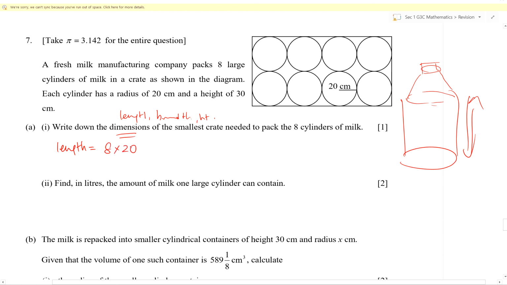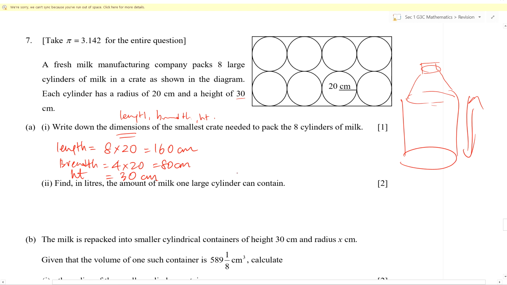We got 8 radii over here. 160 cm. Okay, the breadth. That will be 1, 2, 3, 4. 4 times 20, 80 cm. And the height, 30 cm. So these are the dimensions.